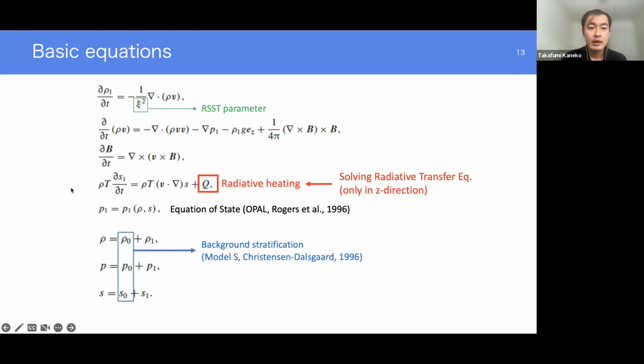This is the basic equation, basically the MHD equations. We use the background stratification from Model S. The energy equation has radiative heating, which comes from solving the radiative transfer, but in our simulation the radiative transfer is solved only along the Z direction, the vertical direction.